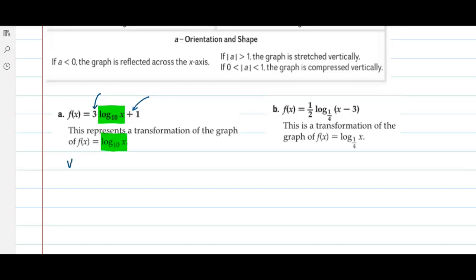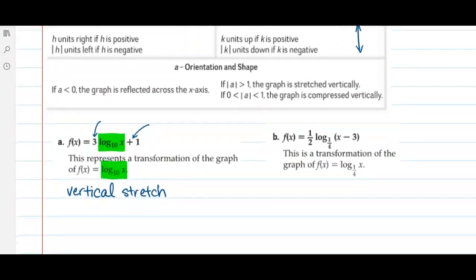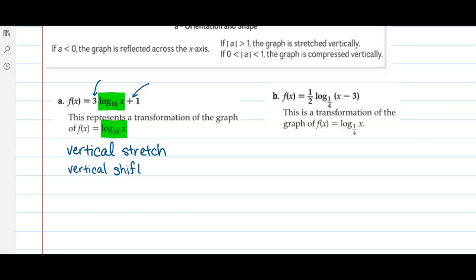So there's going to be a vertical stretch. Adding 1 outside the function is a k value, and it's positive, which means it's going to go up. There's also a vertical shift up 1.